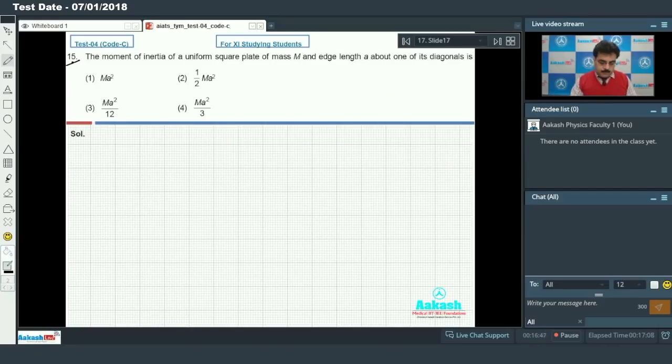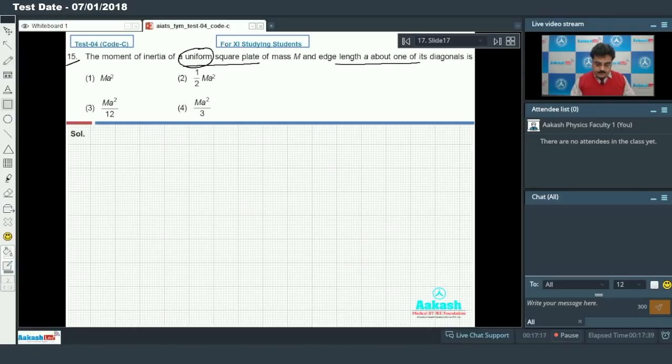Now if I go for question number 15, the moment of inertia of a uniform square plate of mass m and length a about one of its diagonals is. So I need to calculate the moment of inertia of a uniform square plate of mass m and length a about one of its diagonals.